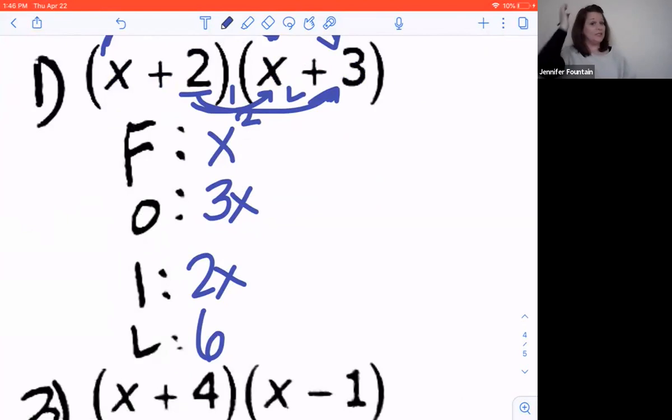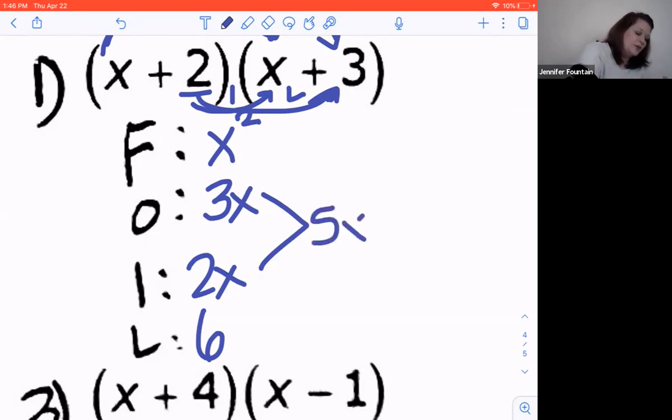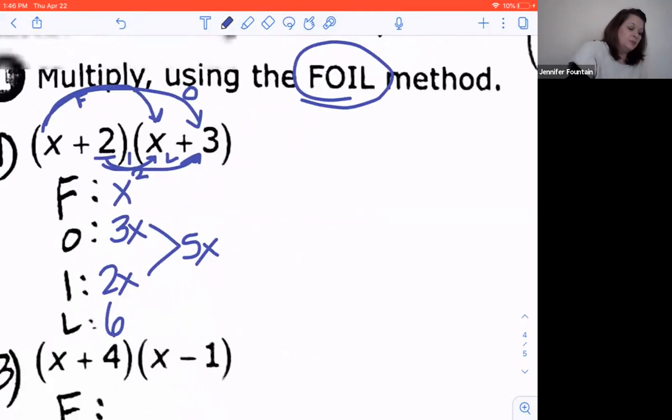After I've multiplied my first, outer, inner, last, this is where I see that my outside and inside terms are like terms. I have a number with the variable x, and I know that 3x plus 2x is 5x. They're both positive, so when I combine like terms, they're being added. Now I'm going to write out my answer simplified.